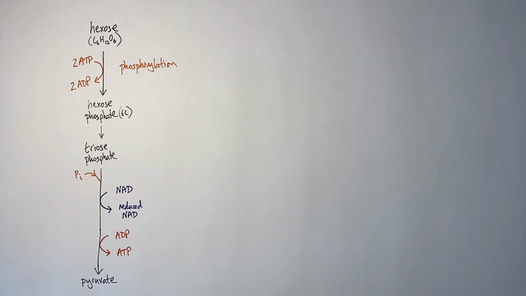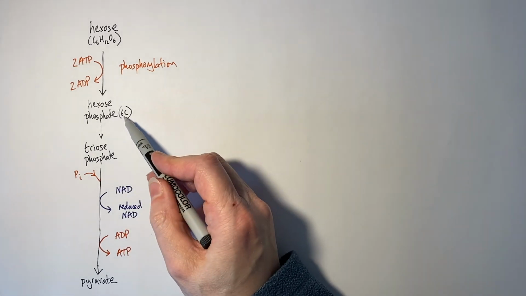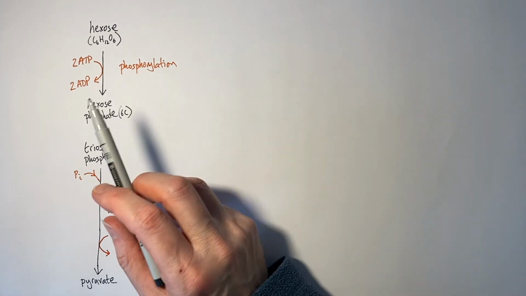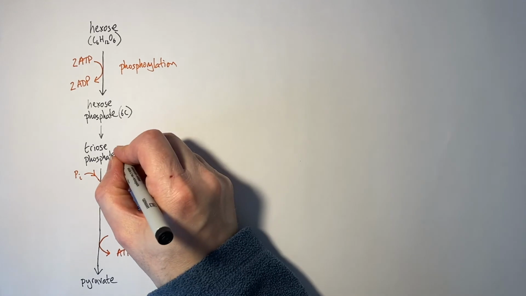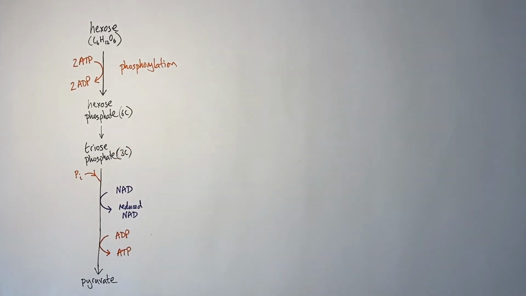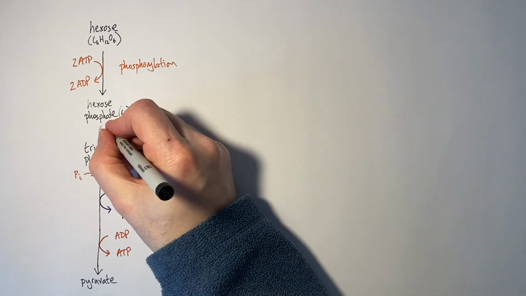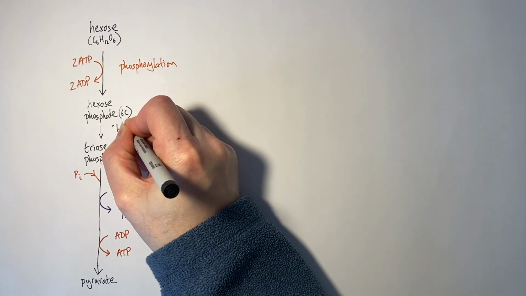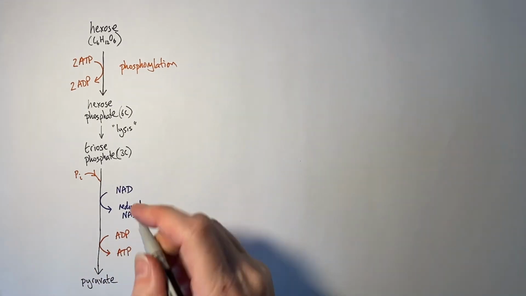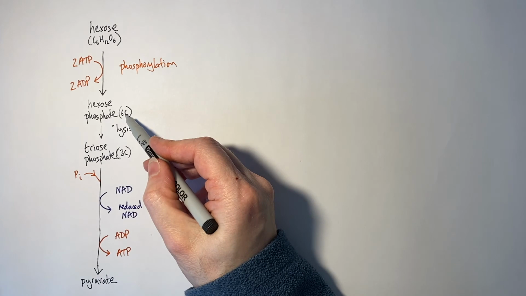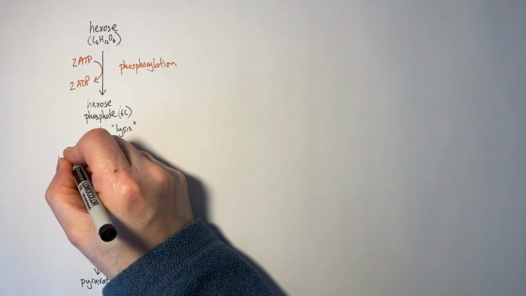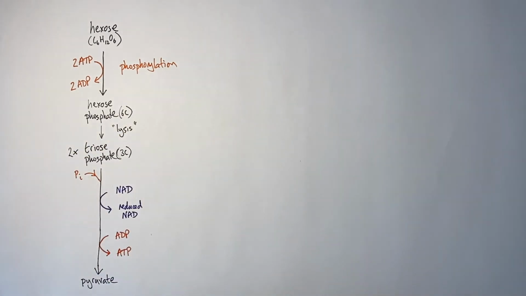What happens is that this 6 carbon sugar with phosphate groups is broken down into 3 carbon sugars with a phosphate group. That is called a lysis reaction, breaking down. But because of that, we have 1 6 carbon and we get 3 carbon compounds made, then we have 2 of those produced.